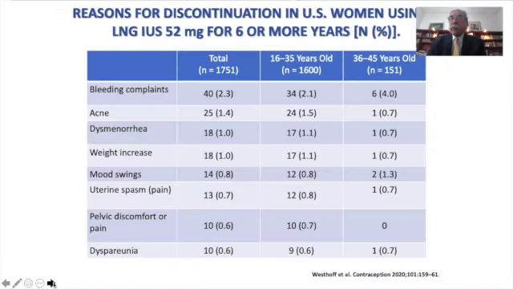And the reasons for discontinuation, this is from the levonorgestrel IUS study in United States, accumulated for 6 or more years, and you can observe the totals: bleeding complaints, 2.3, acne, 1.4, dysmenorrhea, 1.0, weight increase, 1, mood swing, 0.8, uterine pain, 0.7, pelvic discomfort or pain, 0.6, and dyspareunia, 0.6.